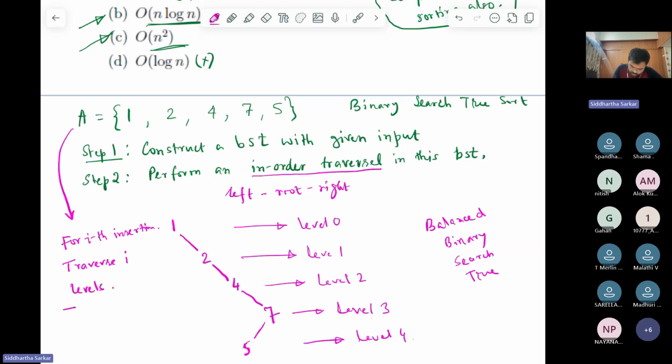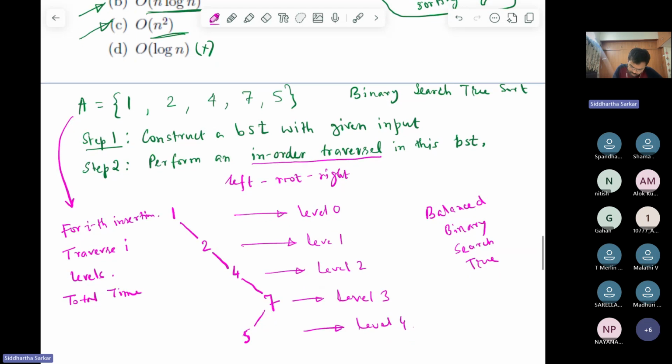So what is the total number of traversals for insertion, total time that we will require? So for the first number, we had no time. Just put the number. In the second iteration, we had 2 times, and so on. For the fifth iteration, 5 times. So for the last iteration, if there are n numbers, we need so much time. So what is the sum of the first n numbers?